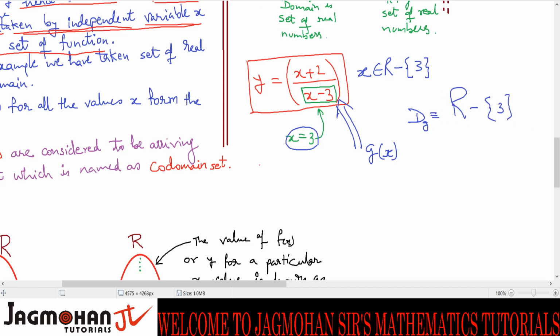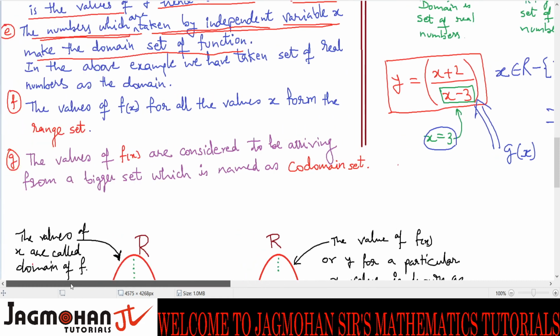So remember students, what is the domain of a function? The domain of a function f of x or g of x is the set of x values for which the function is defined.